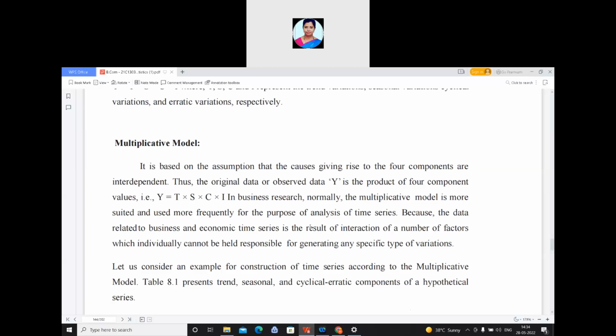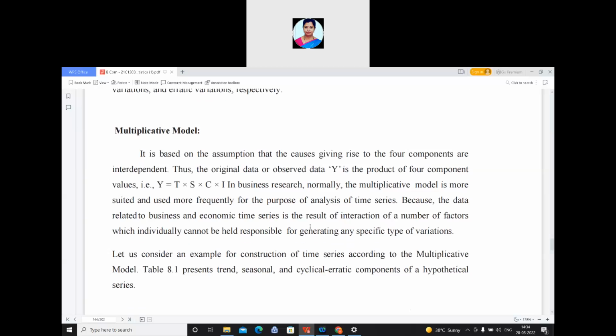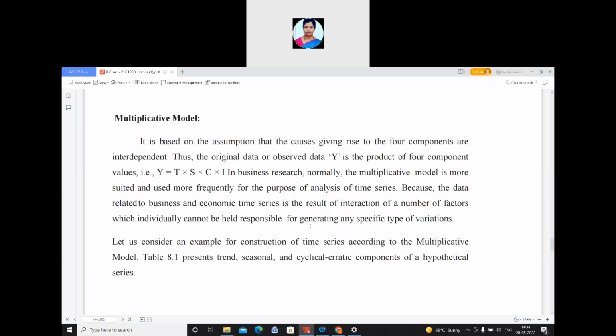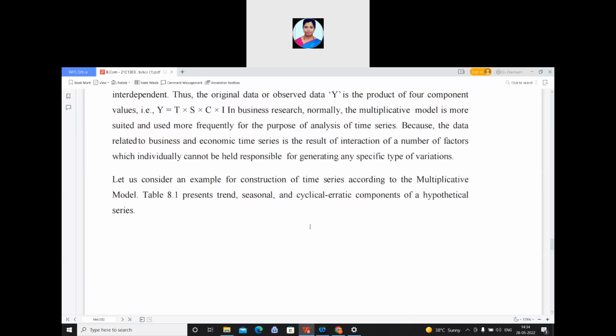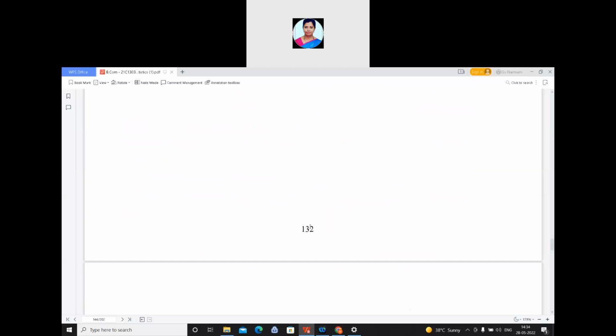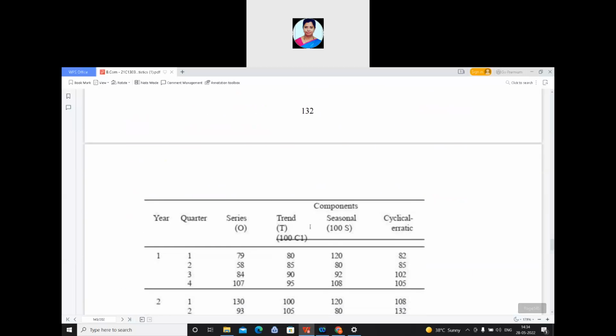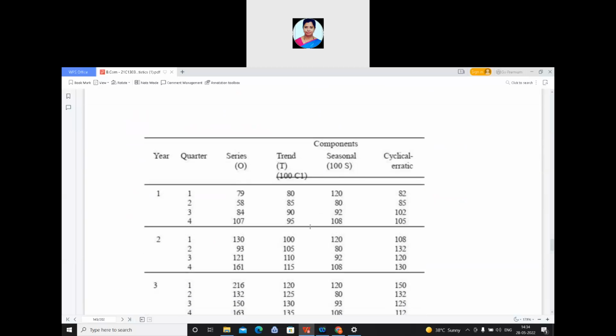Let us consider an example. For construction of a time series according to the multiplicative model, we'll see the table which represents the components of a hypothetical series. See this table.